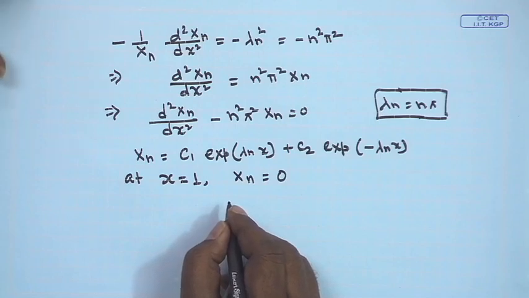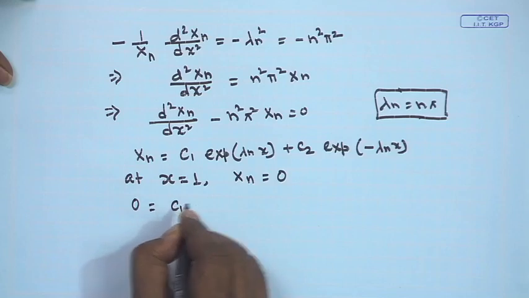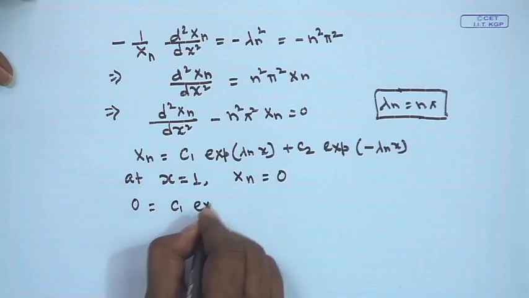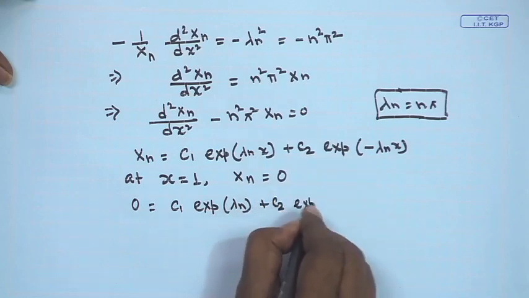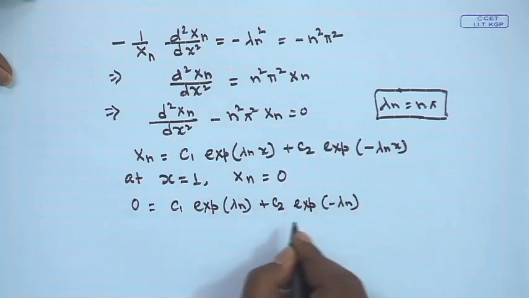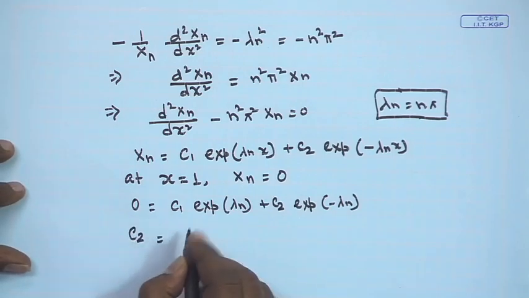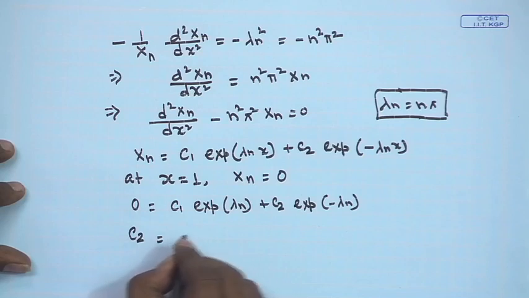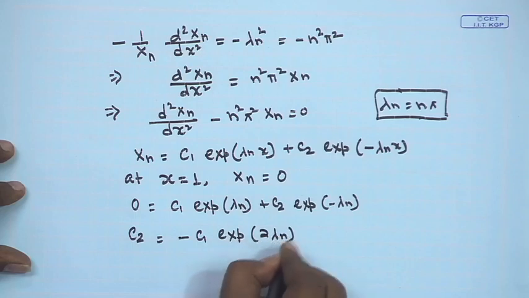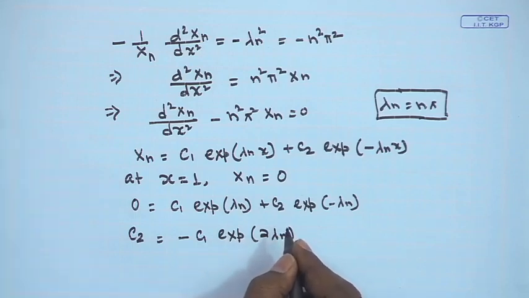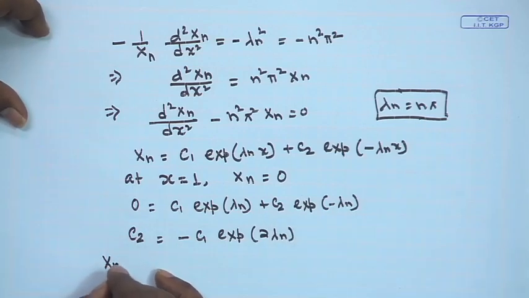So, if we put that boundary condition, let us see what we get. 0 is equal to C 1 exponential lambda n plus C 2 exponential minus lambda n. Therefore, we can get C 2 is equal to minus C 1 exponential 2 lambda n. So, once we do that, then we can write down the governing equation of X n.